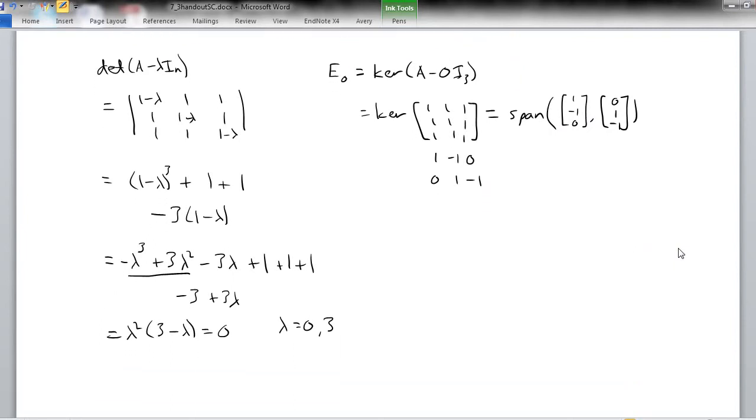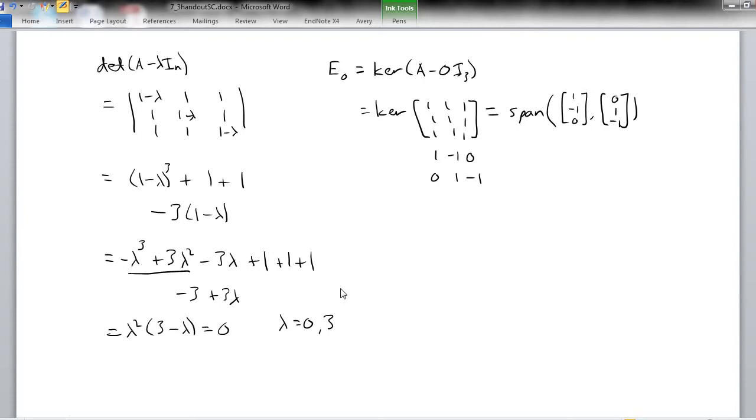Okay. All right, and then we have an eigenvalue 3 as well. And so let's find the 3 eigenspace. That's the kernel of A minus 3 times the identity. So we're going to take our matrix A and subtract 3 from the main diagonal entries.